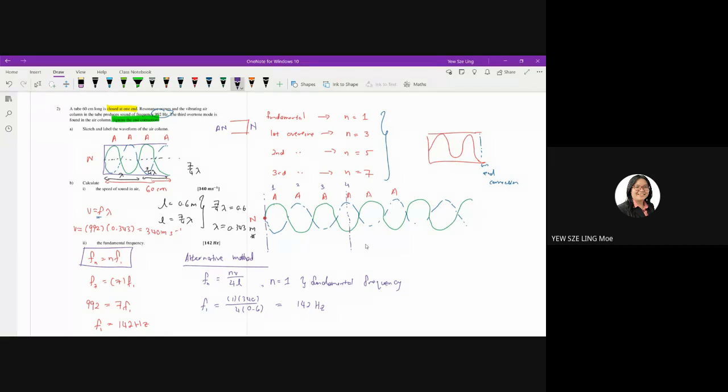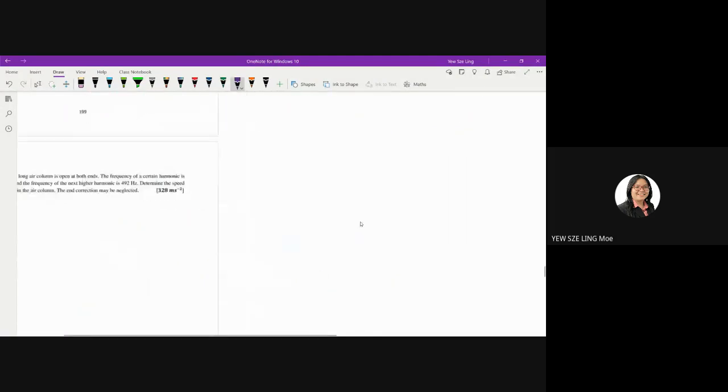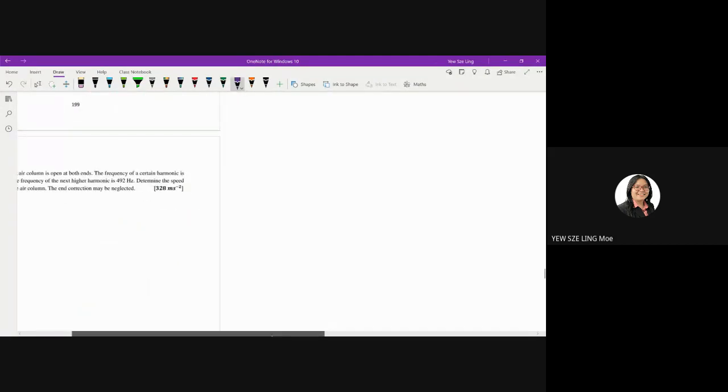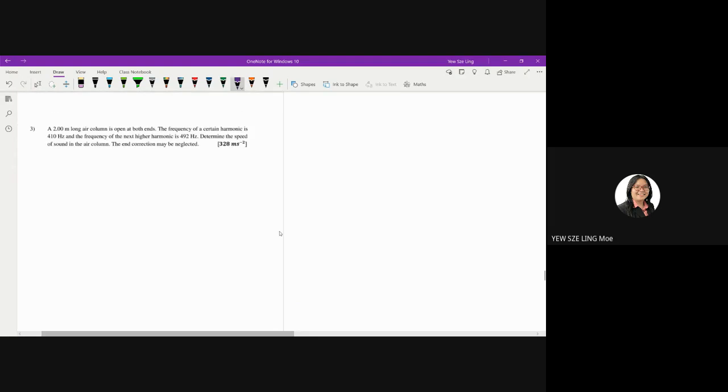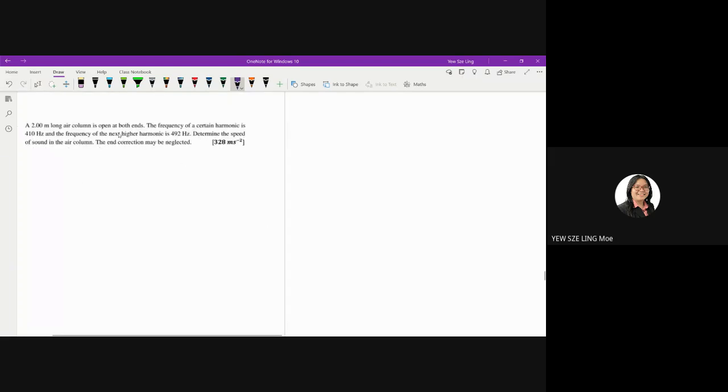Okay, let's proceed to the next question. This question, you need two equations. You are given the same air column, a 2-meter air column, open at both ends.